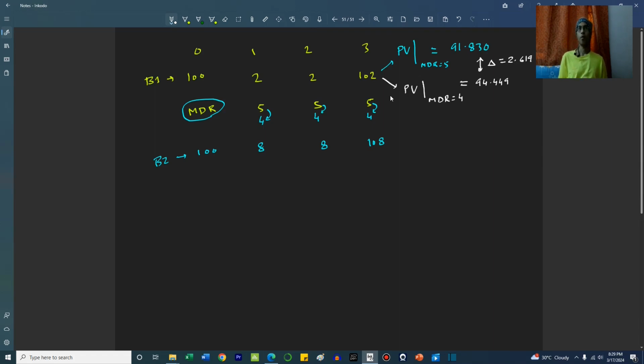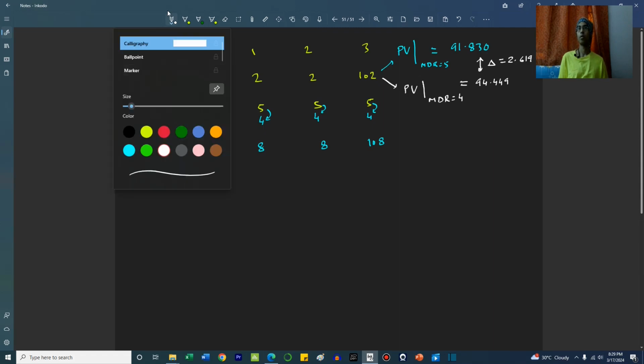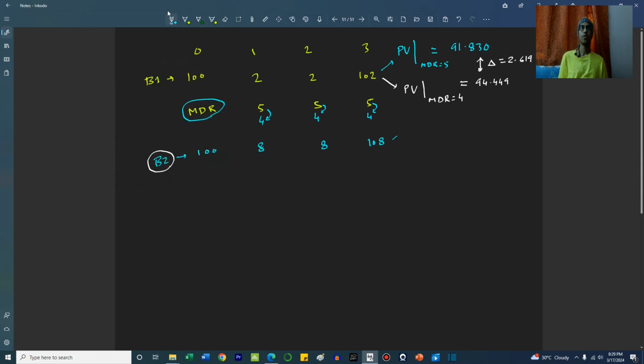Now we find out the same present values for bond 2, B2. PV at market discount rate equal to 5 is given by 100 is the maturing amount, 3 is the number of periods, 8 is the coupon, 5 is the required rate.